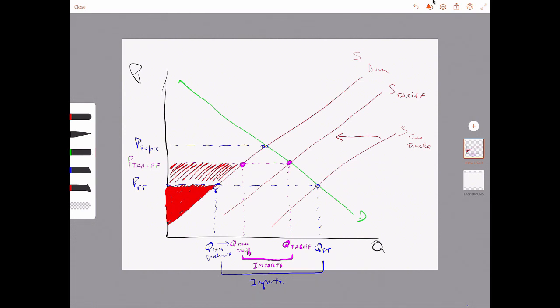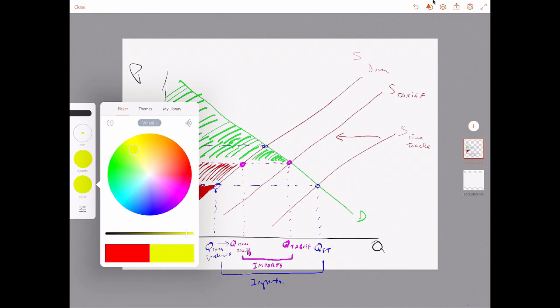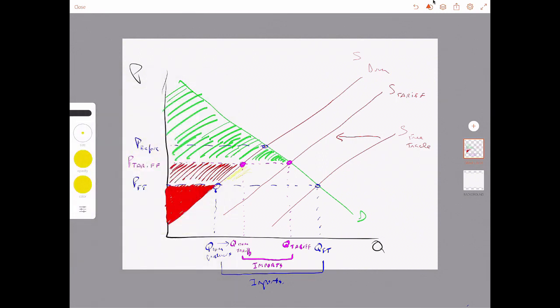Now, what about the consumer side? Well, the consumer still has the area above the price and below the demand curve, but it's gotten a little bit smaller. Remember, they used to have this area, they used to have that area in yellow, which was all of this, which included all of this.